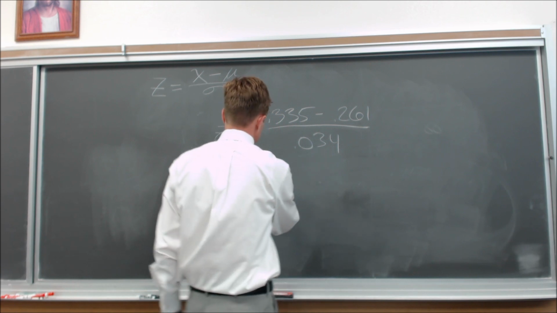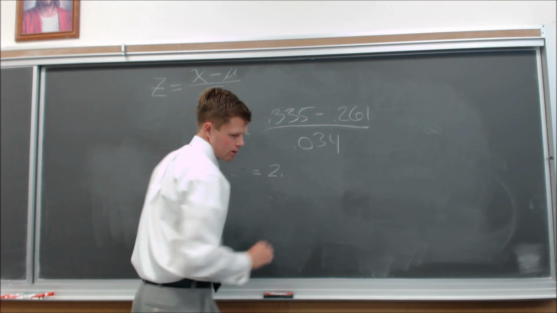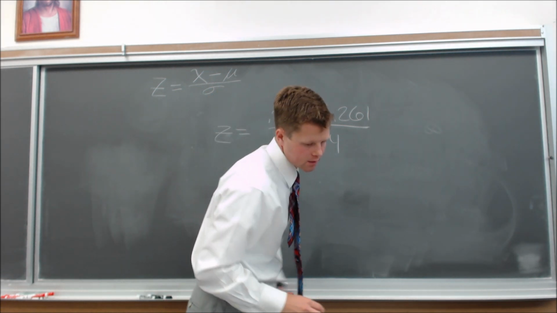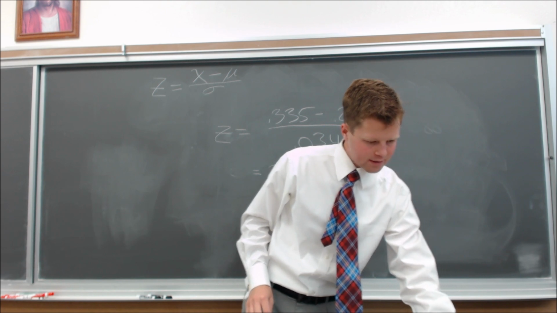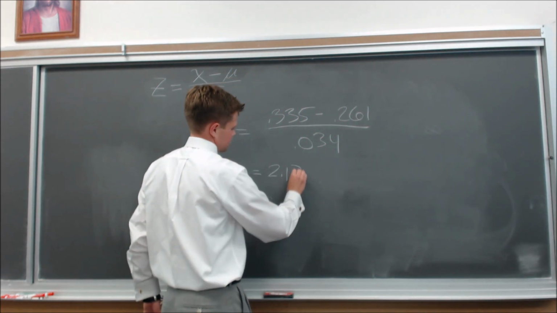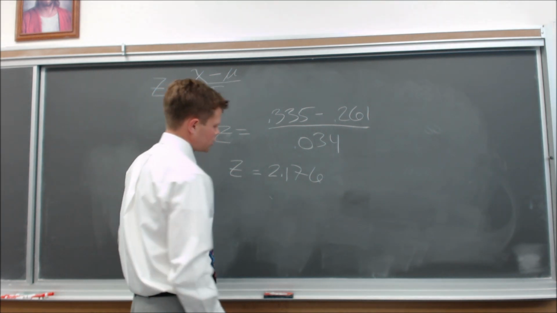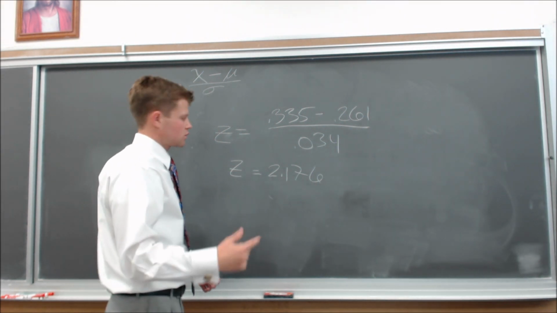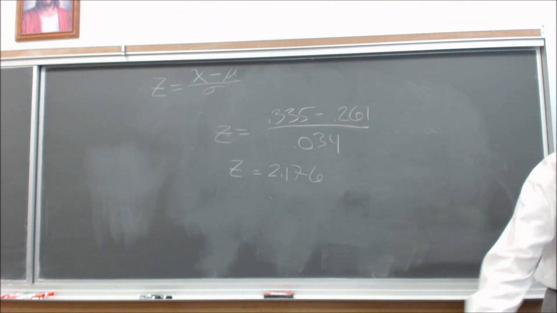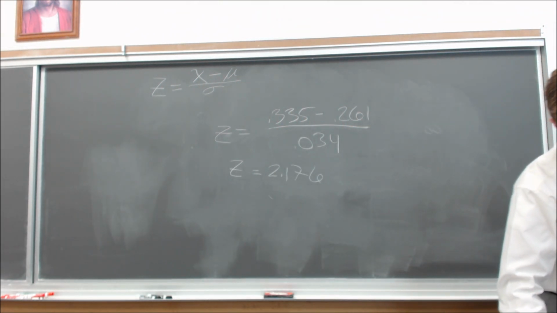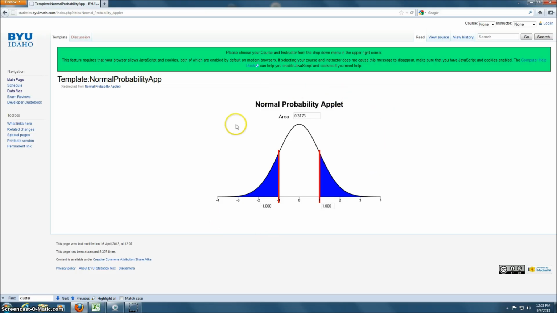So we have a z-score of 2.176. Okay, with that z-score, we're going to come over to the normal probability applet to find out the probability of getting above that. So we're here at the normal probability applet.